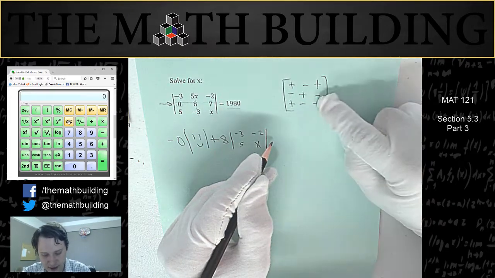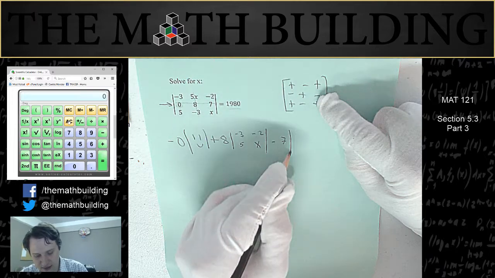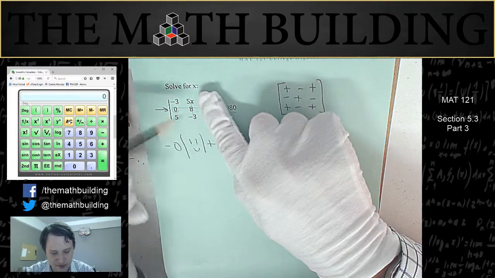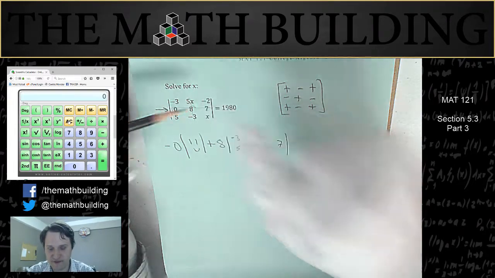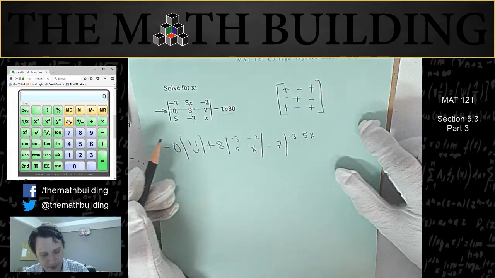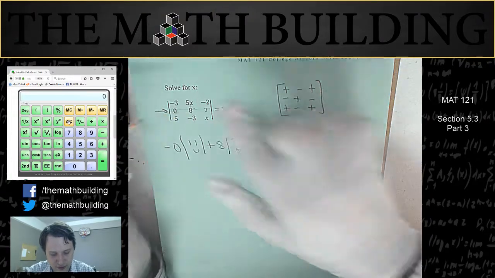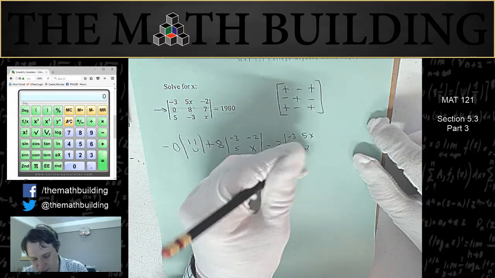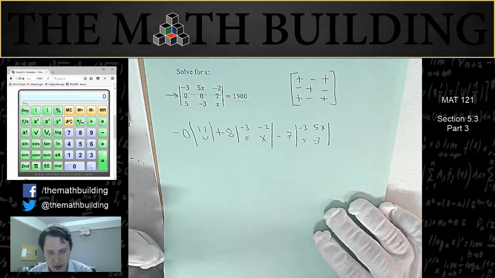And then our diagram says minus 7 times, ignore this and ignore this, so it's -3, 5x, 5, -3.